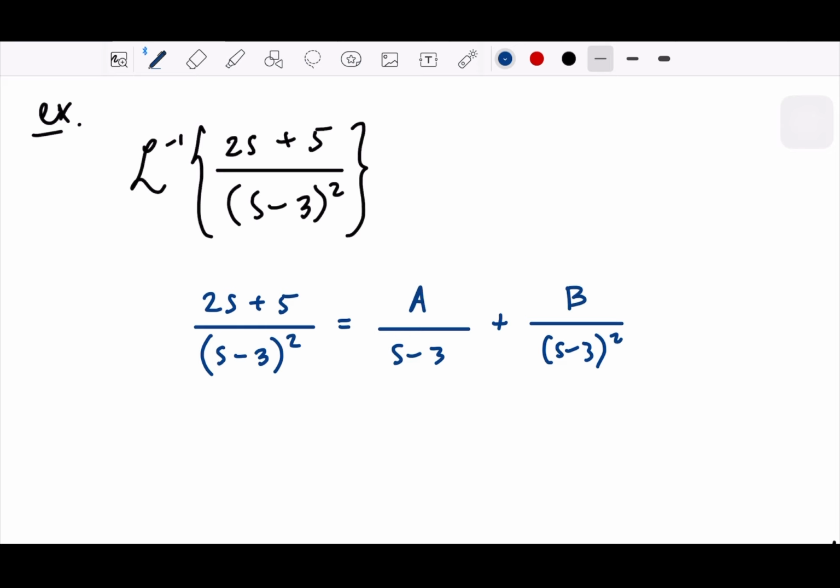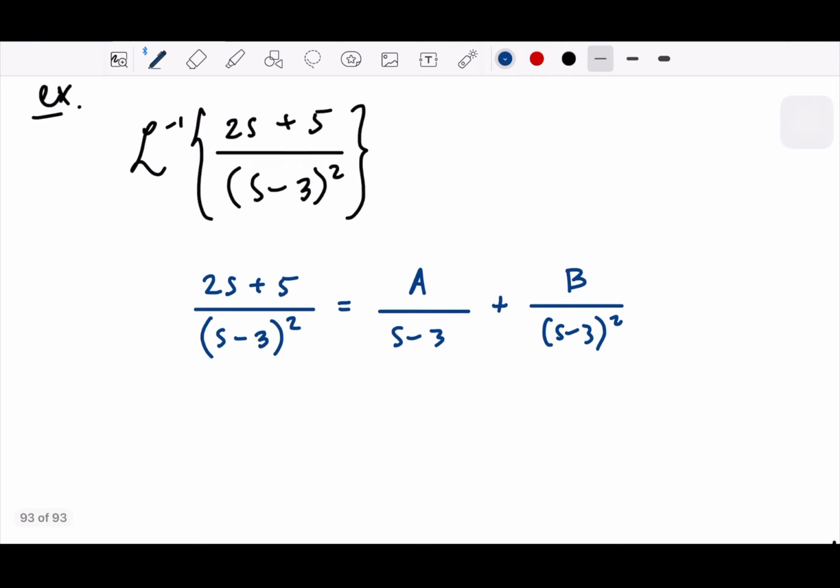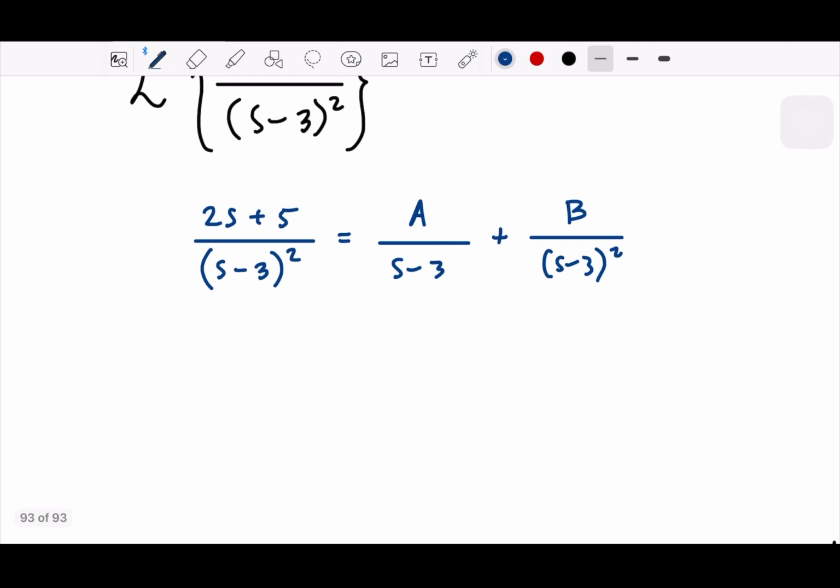We have already discussed this in calculus, so if you feel confused, go back to your notes. All right, now we are going to find the constants A and B. So A times (s minus 3), plus B, is equal to 2s plus 5.